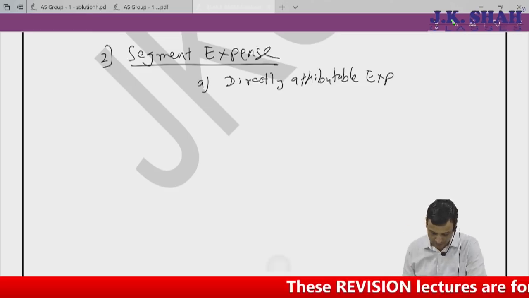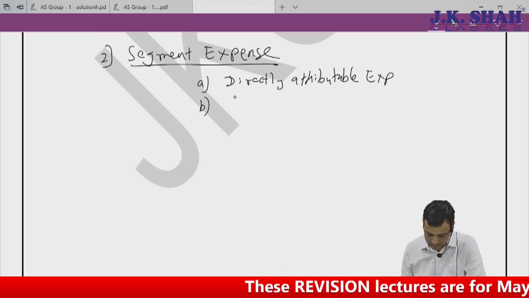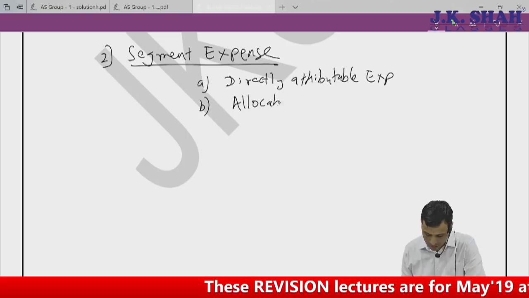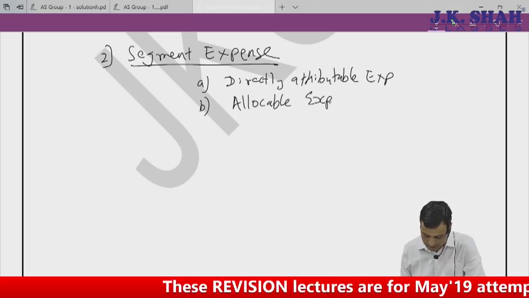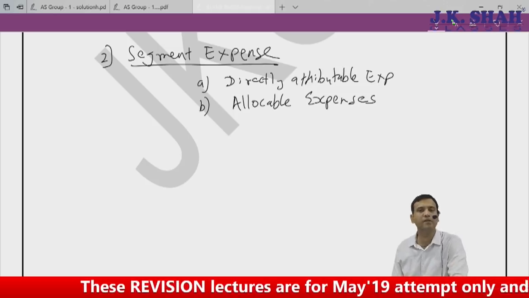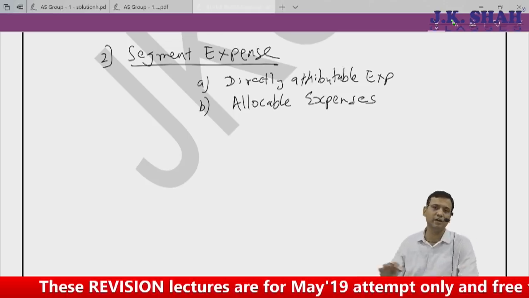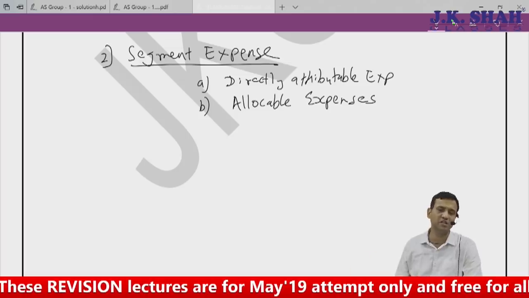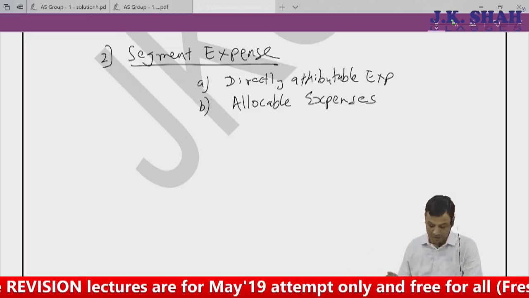Second, allocable expenses. On some basis you can allocate the expense, like a manager working in both segments, so you can allocate it on a logical basis, that is the number of hours the manager has worked.